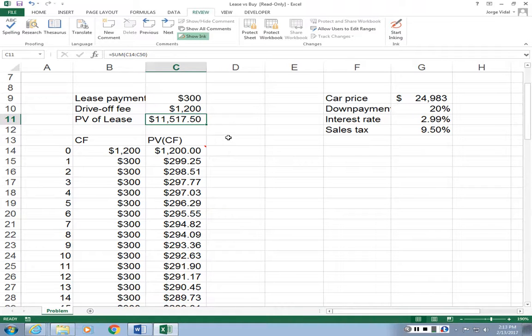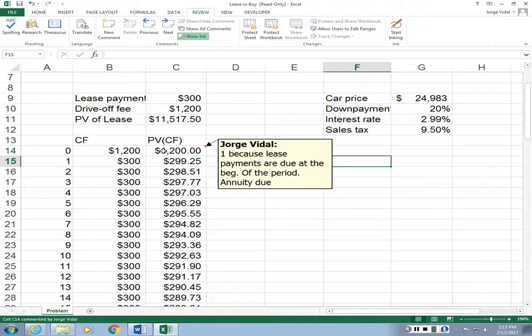So in present value, the cost of leasing this vehicle will be $11,517. So let's compare that to buying the car.